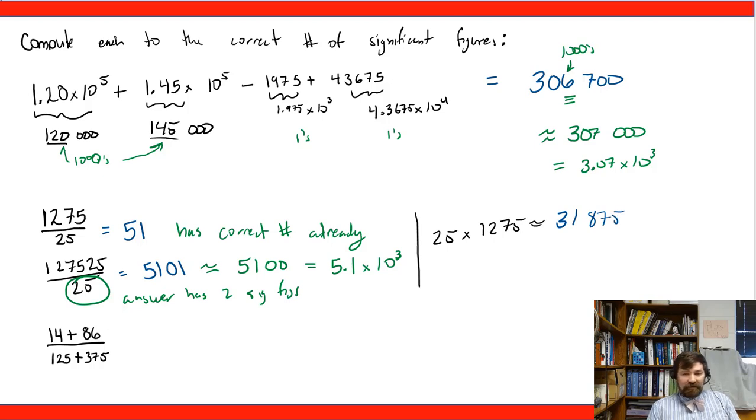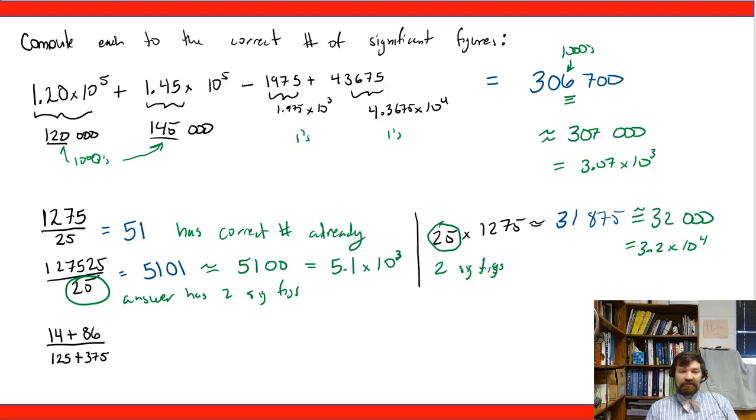Again, this right here has 2 sig figs, and this one has 4. So my answer would need to be 32,000, or in other words, 3.2 times 10 to the 4.